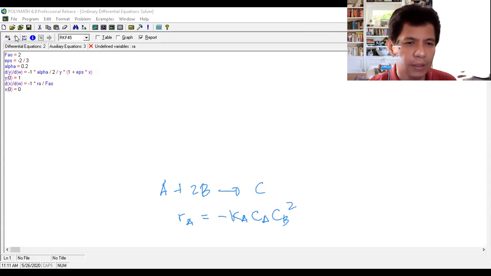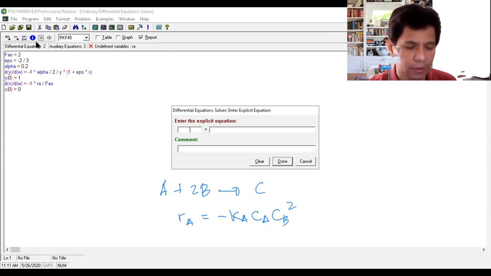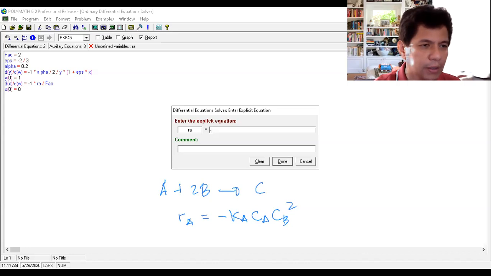Just click the explicit equation. Type in R sub A. I use R and small letter a for R sub A right here. And then I type in negative K sub A. I haven't entered that constant yet. Anyway, I'm just going to use capital K and A.